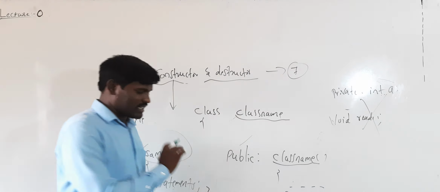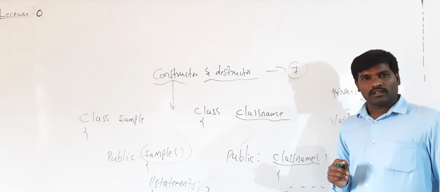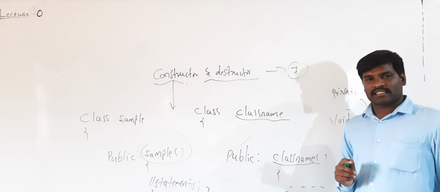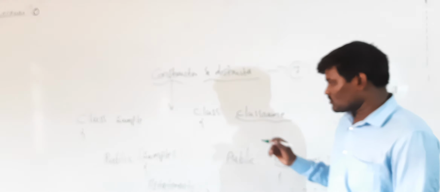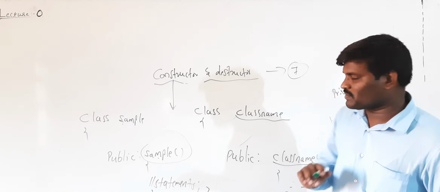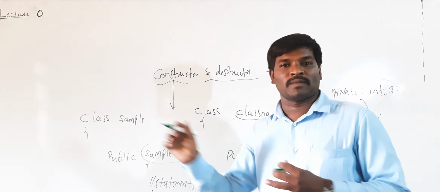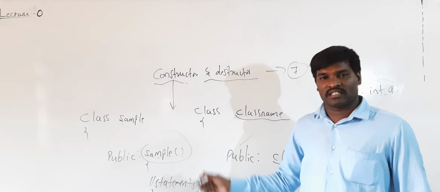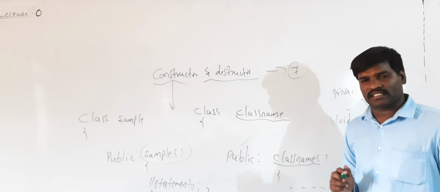In the same way constructors cannot be inherited. Fifth point is, constructors cannot reference any addresses. Here address means some location in the memory. It does not refer to any locations or addresses inside the memory. So that is also one characteristic of the constructor.